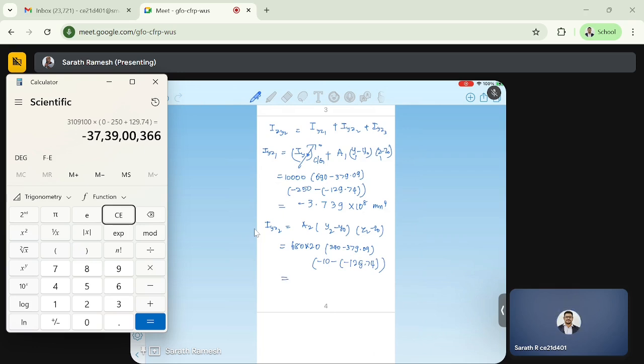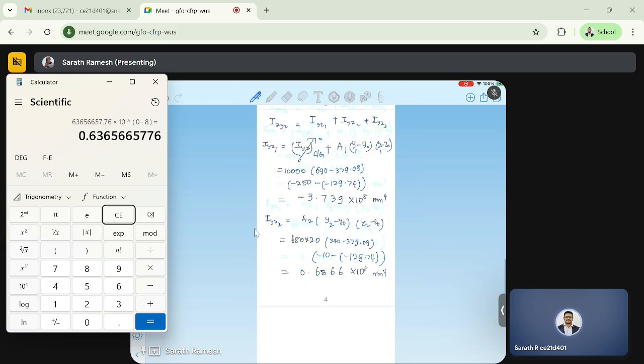So this will give us (340 minus 379.09) times 20 times 680 times (minus 10 plus 129.74), which is 119.74. Writing this with 10 to the power 8, I'm getting 0.6366 into 10 to the power 8.